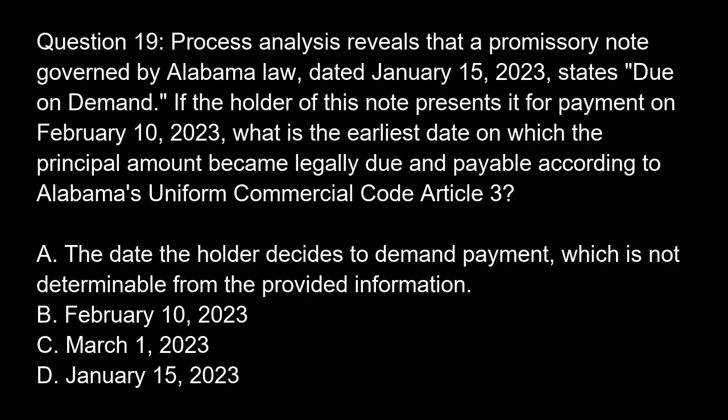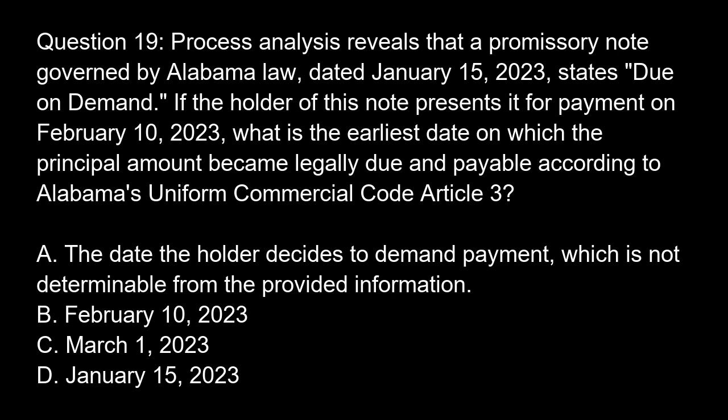Question 19. Process analysis reveals that a promissory note governed by Alabama law, dated January 15, 2023, states due on demand. If the holder of this note presents it for payment on February 10, 2023, what is the earliest date on which the principal amount became legally due and payable according to Alabama's Uniform Commercial Code Article 3?